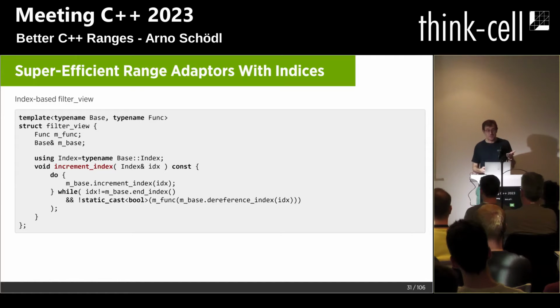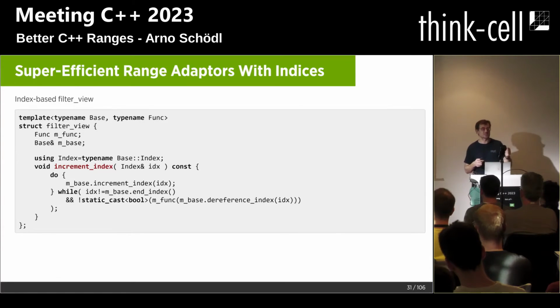If you are holding the base by reference, which is done here, then this may involve some indirection. There is also, in our library, and you can have a similar function in the standard library as well, if you pass an rvalue, the adapter will hold the base range by value.